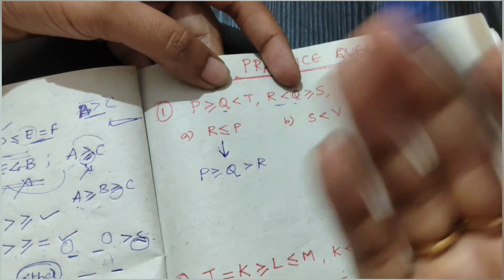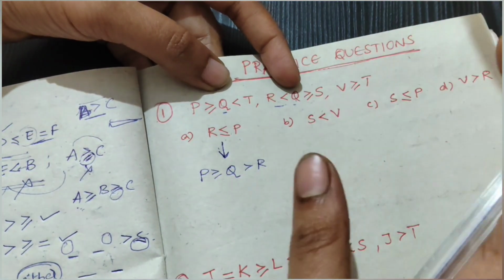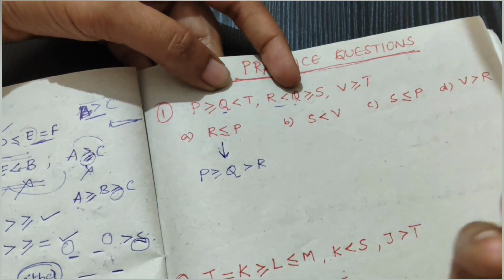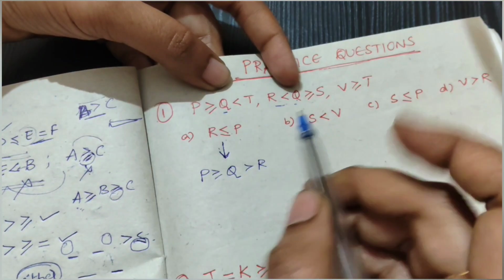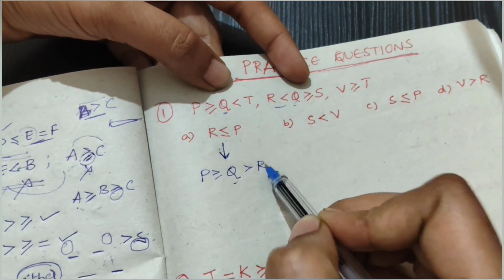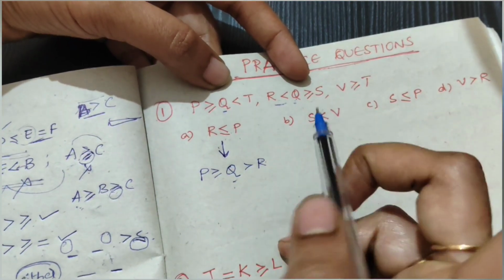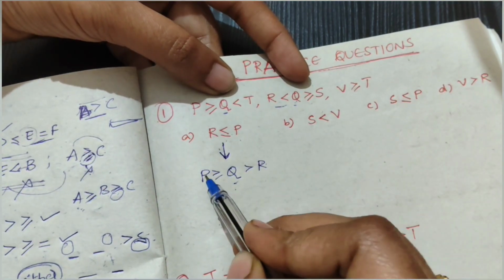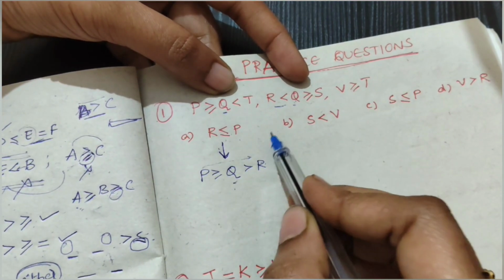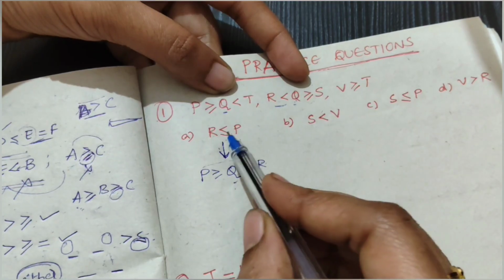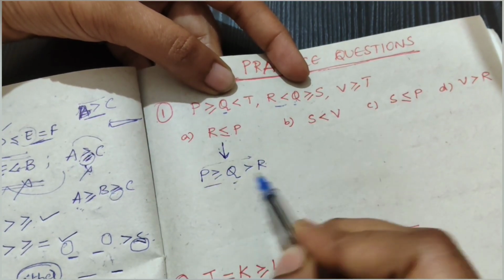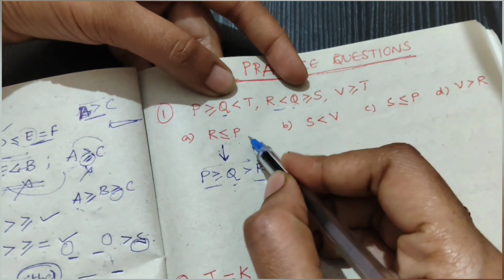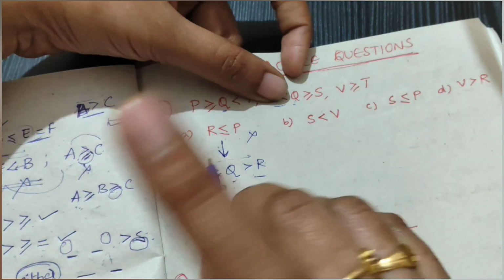As practice goes on, you won't feel that much difficulty. Just be cautious in the early stages: r less than q means q greater than r. This conversion is important, don't get confused. Now p to r is possible, but for the greater than or equal to symbols, the symbols between the letters should both be the same, so this is a wrong statement. I hope you are getting it.